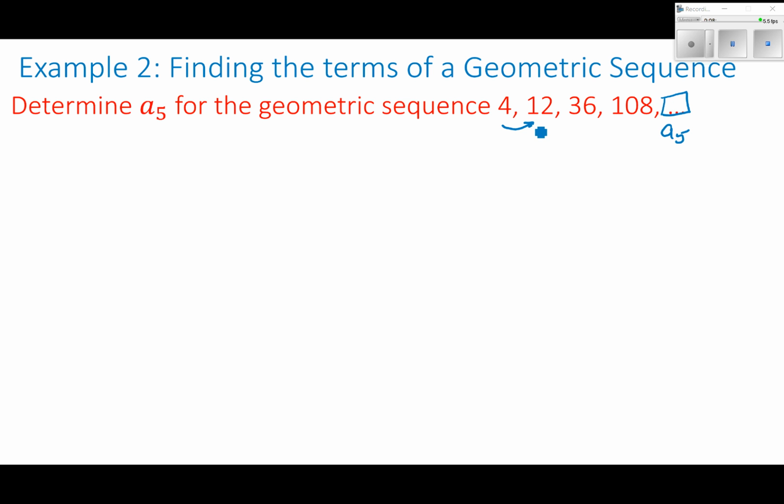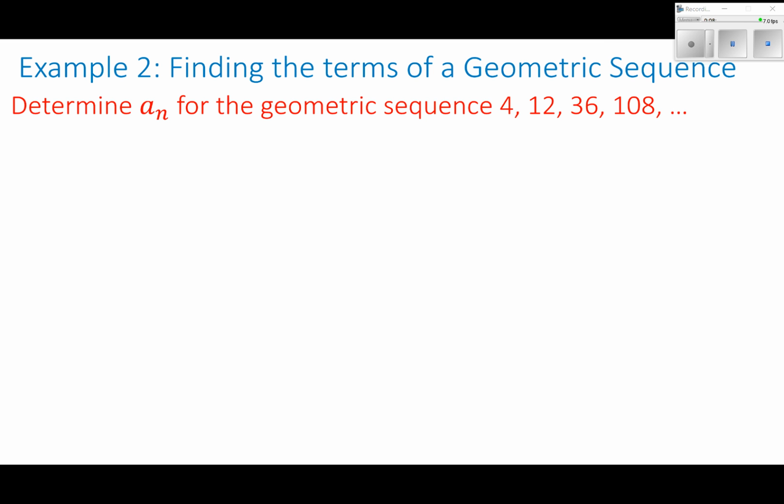To get from 4 to 12, I had to multiply by 3. From 12 to 36, I multiply by 3. 36 to 108, multiply by 3. So to get here, I multiply by 3. So a sub 5 is simply going to be 108 times 3, which ends up being 324.